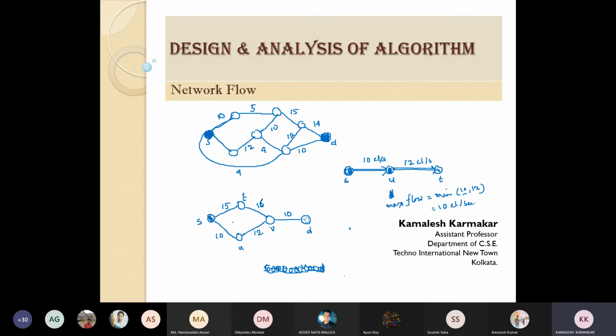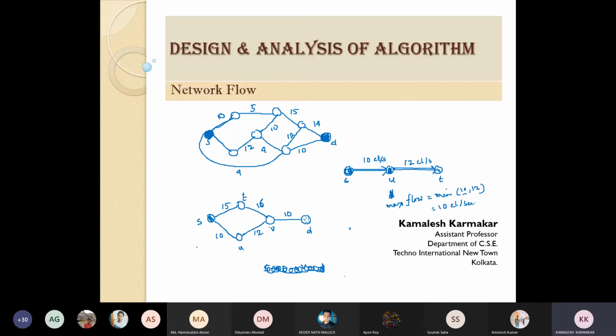We have to think of all the paths of the network, from source to sink. Based on those paths we have to find the solution. What are the paths from source to sink?